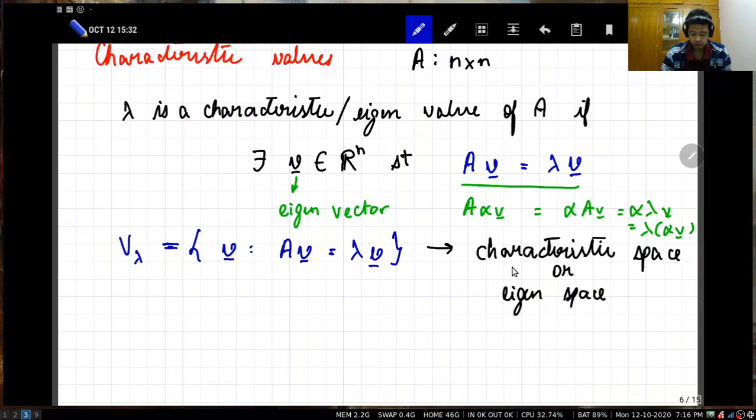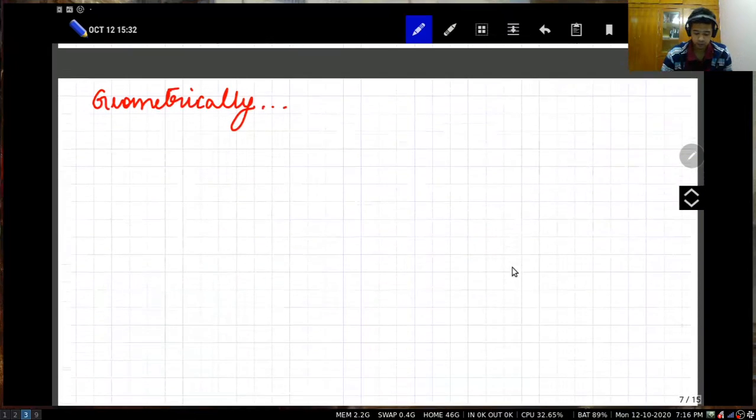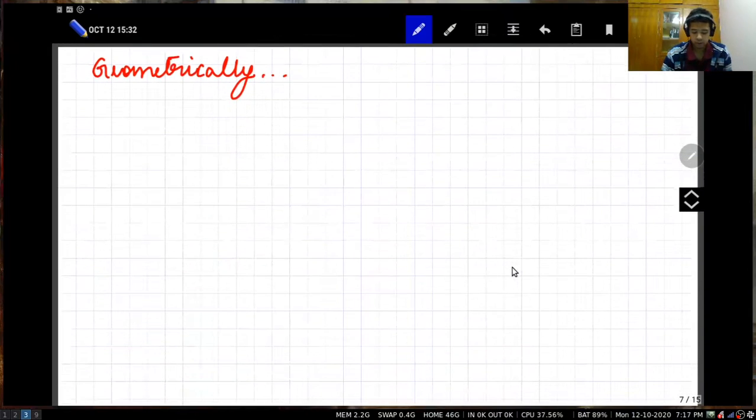So the set of all vectors V such that A times V is equal to lambda times V is what we will call the characteristic space corresponding to the eigenvalue lambda, or the eigenspace corresponding to the eigenvalue lambda, right? And we'll see that these eigenspaces essentially determine whether a matrix can be written in a certain canonical form or not.